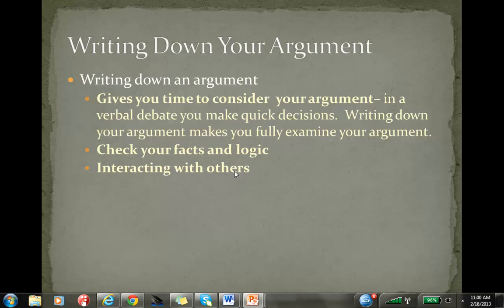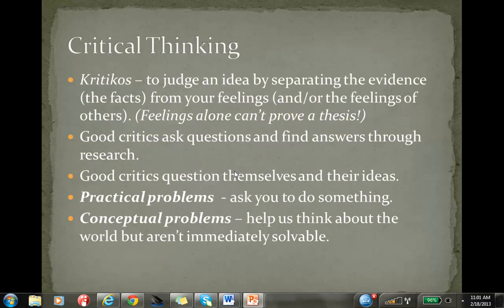When you write down an argument, it gives you time to consider your view of the argument. In a verbal debate, you make quick decisions, and writing down your argument makes you fully examine your argument. It helps you check your facts and your logic, and it helps you learn how to interact with others who have different opinions than you.